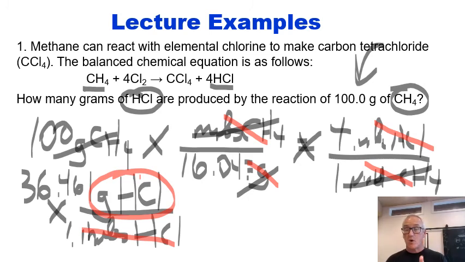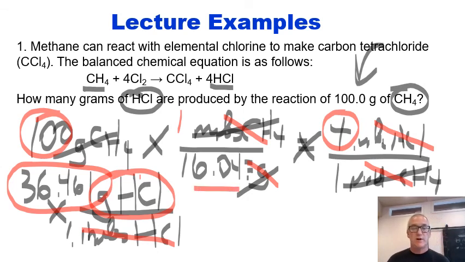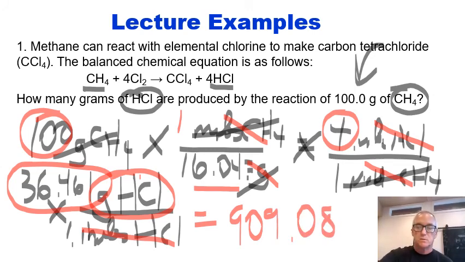That is what I want. And so I multiply 100 by 1 times 4 times 36.461 divided by 16.04. And so my final answer is 909.08 grams of HCl.